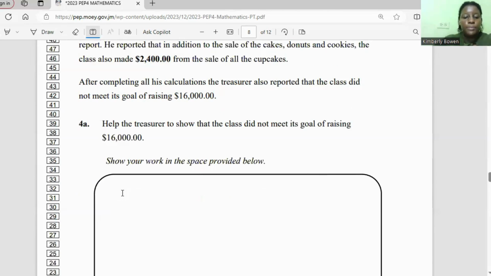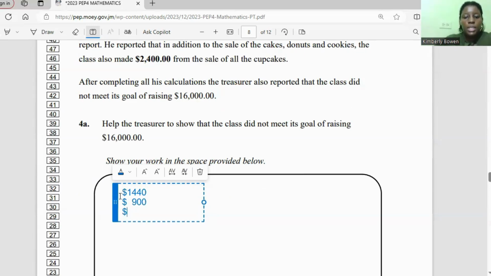So we're adding first the 1,440, and then we'll add also 900, and we'll add the 9,600, and also the 2,400.